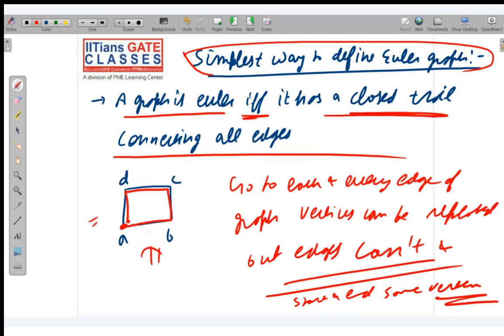That is Euler. Here the main concentration is on edges. All the edges should be covered, that is the basic thing. Start from here, cover all of them and come back again. Take snapshot, I will jump to the next slide.